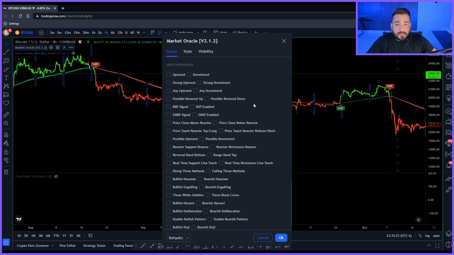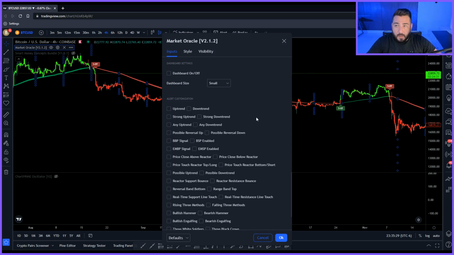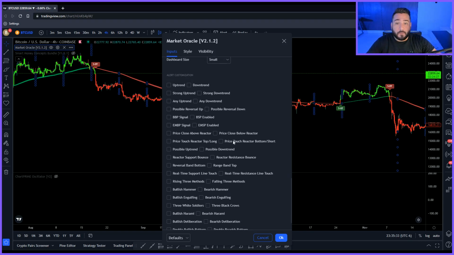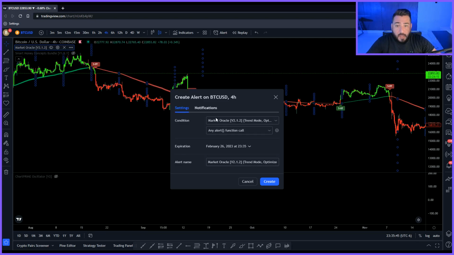Basically, you can set infinite alerts, right? If you don't have a premium subscription to TradingView, this will come in very, very handy because here you can set whatever alerts you want, and then when you click OK and hover over the three dots, add alert, and you make sure that in here it says any alert function call, right?